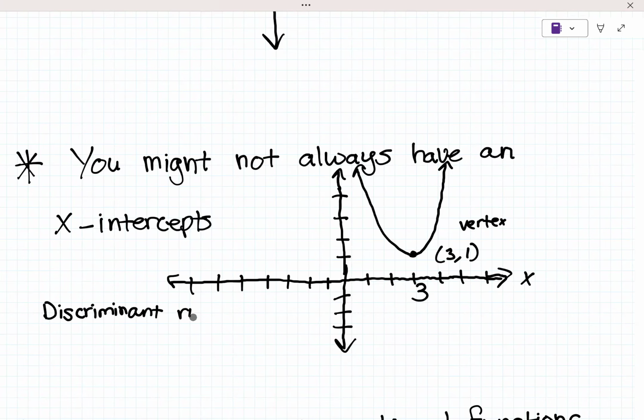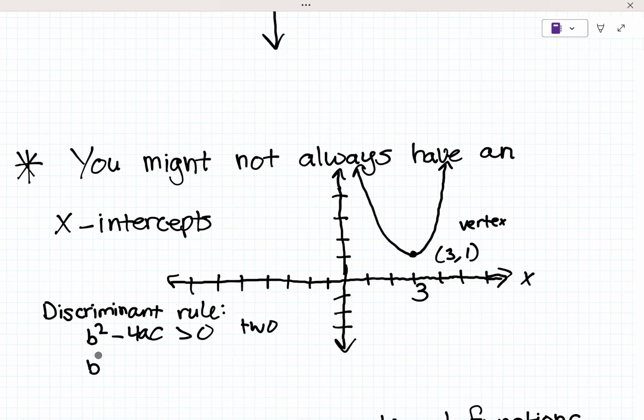There's a little trick. If b squared minus 4ac is positive, if the outcome is greater than 0, that means you have two x-intercepts.